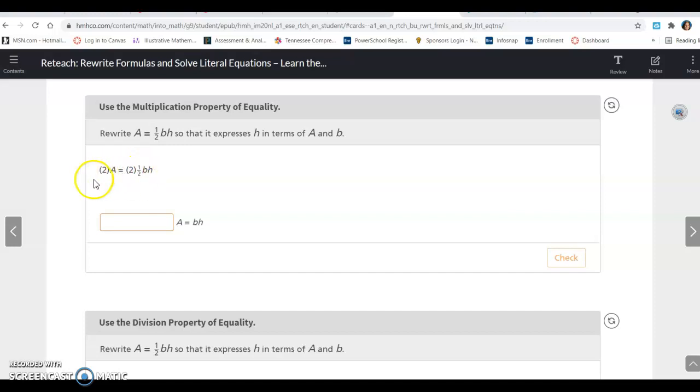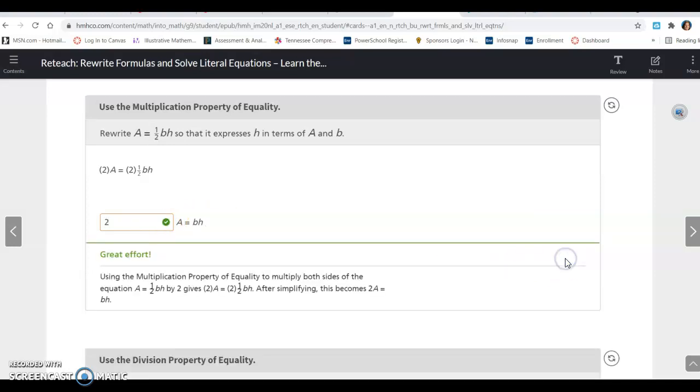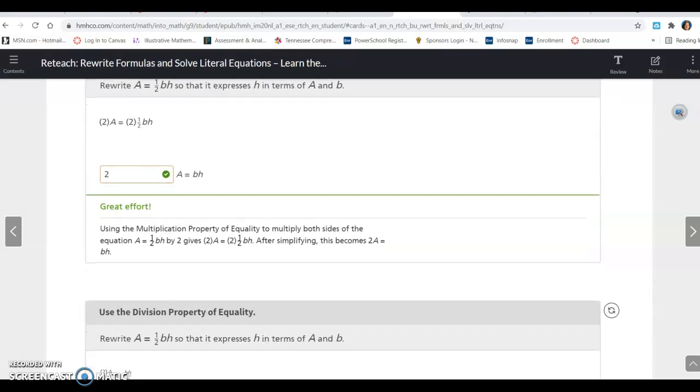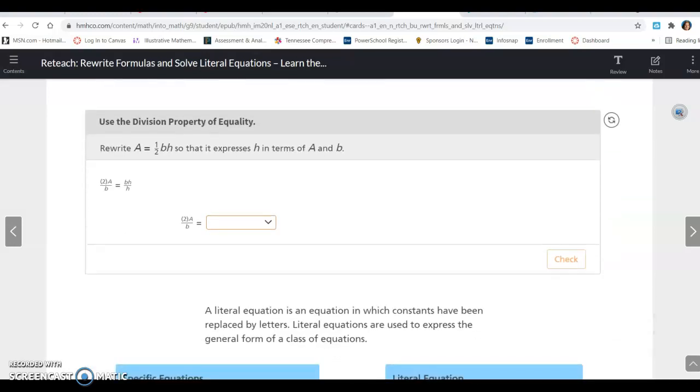So to get rid of this 1/2, you multiply by 2 because 2 times 1/2 is 1. And whatever we do to one side of an equation, we have to do to the other side of the equation. So that's why you'll see that 2 is multiplied on both sides. So right here, we're left with BH. So the 2 and the half disappeared because it turns into a 1. So it's just a coefficient of 1. And then over here, we've got 2 times A. So that's just one step in solving that equation.